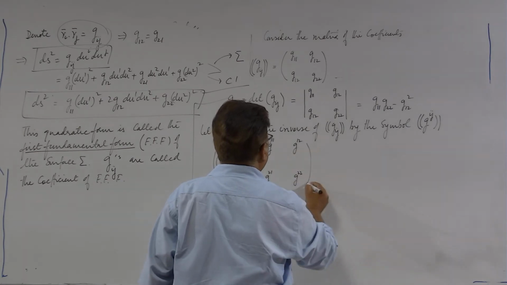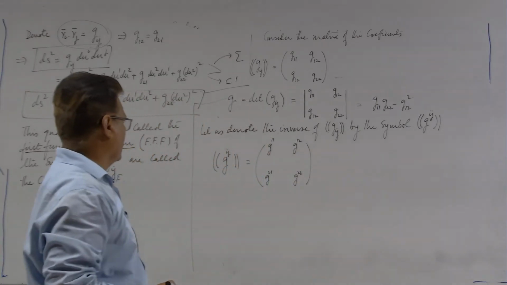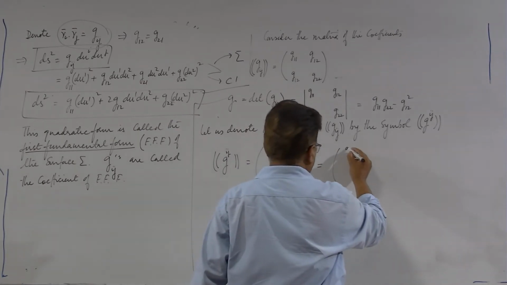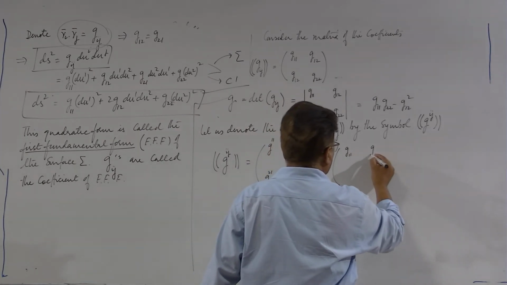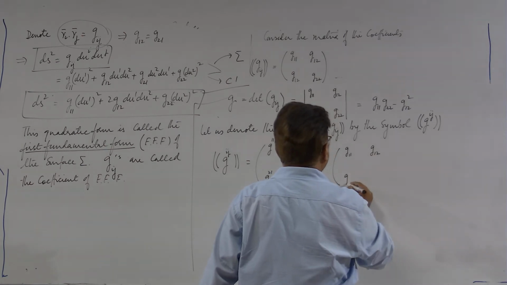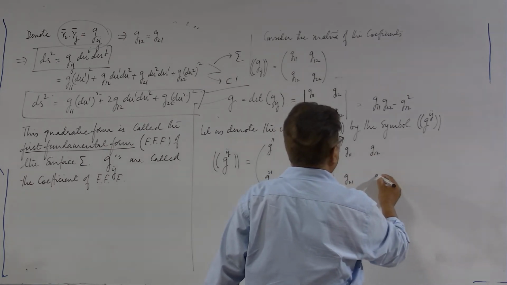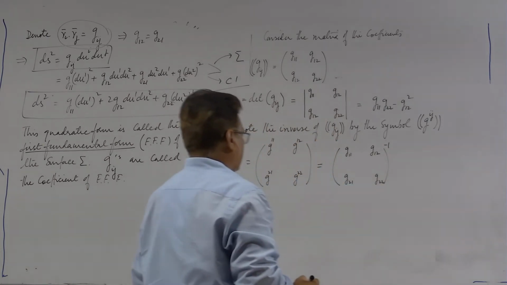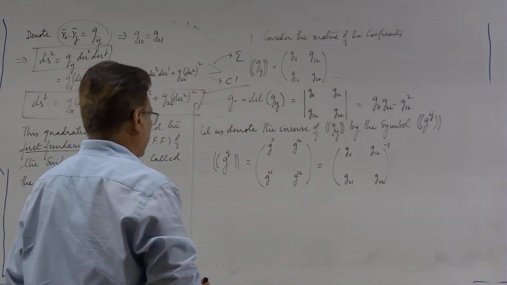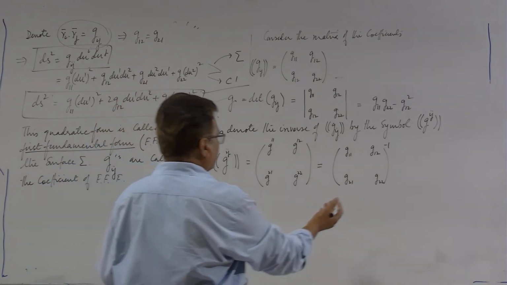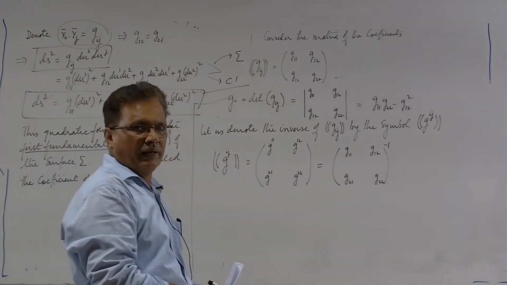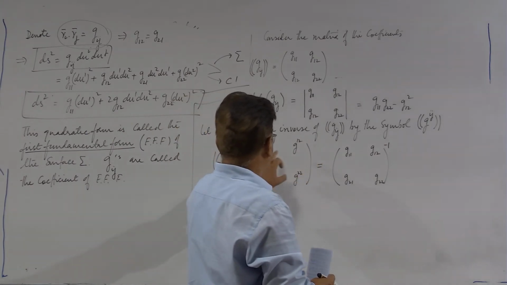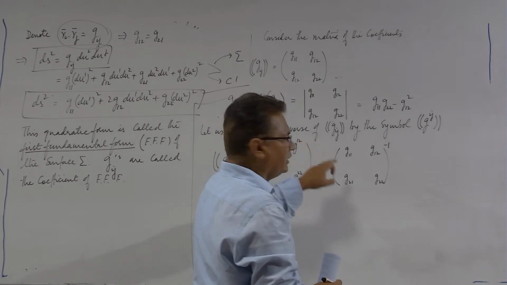This will be the inverse matrix, and by definition it is the inverse of the matrix G11, G12, G21, G22. This is what I am saying. So, if this is the relation between G lower ij and G upper ij, I can work out the relationship between G upper ij and G lower ij.